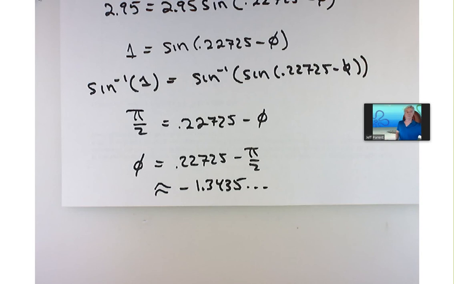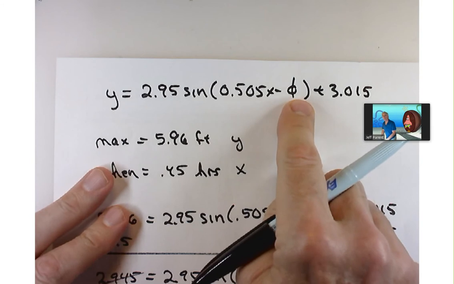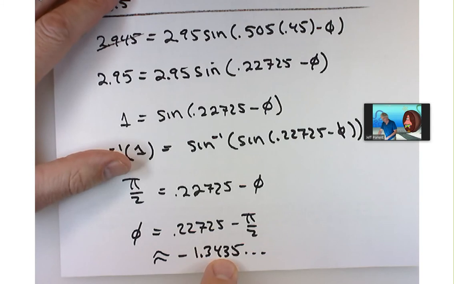Wait, so it's not really negative though, or? Well, if you put it back into this function, you're subtracting a negative, so it'd be like adding, right? So it'd be this plus 1.3435, or 1.34 or 35, however many digits you need there.